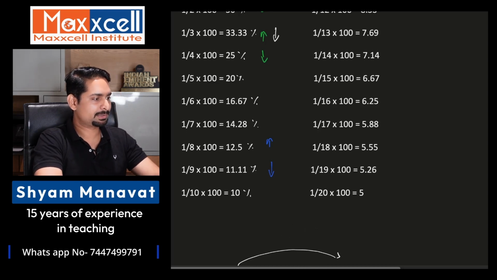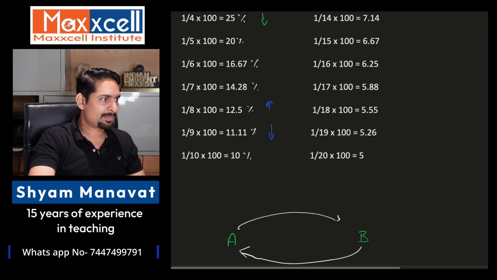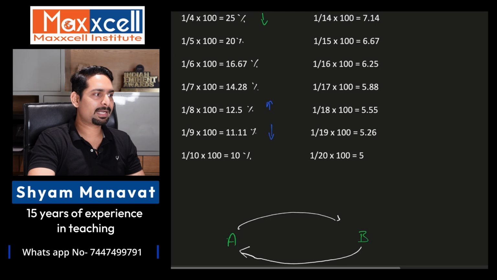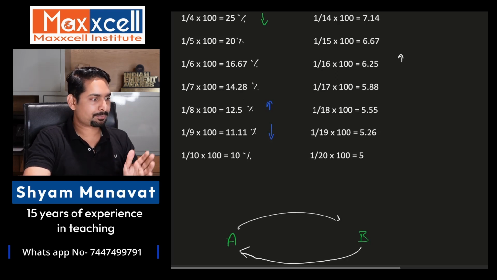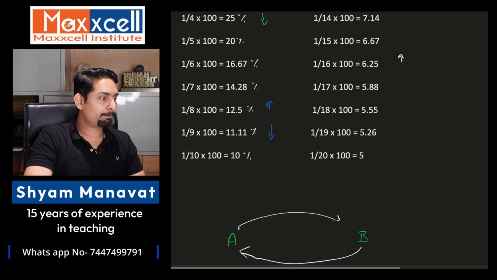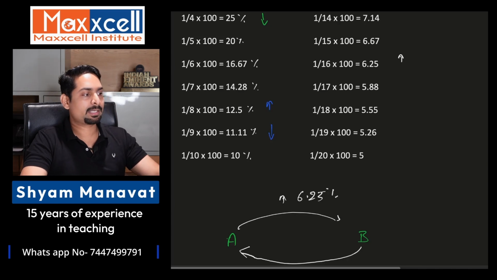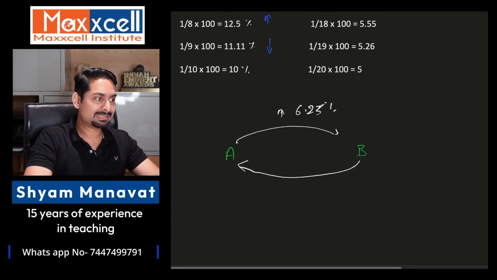Let's take the example of this A and B diagram once again, and let me have a different percentage here. If increase is given as 6.25% from A to B, if from A you want B and B is more than A by 6.25%, then A should be less than B, of course.